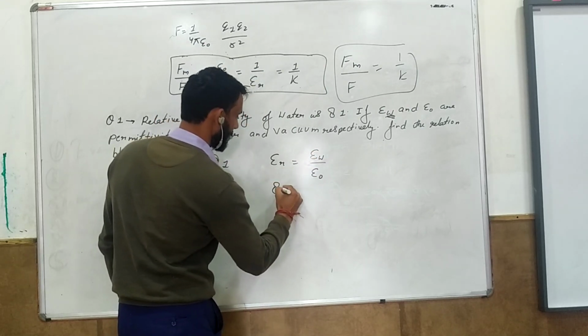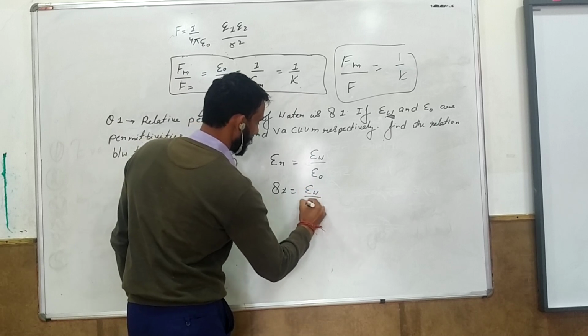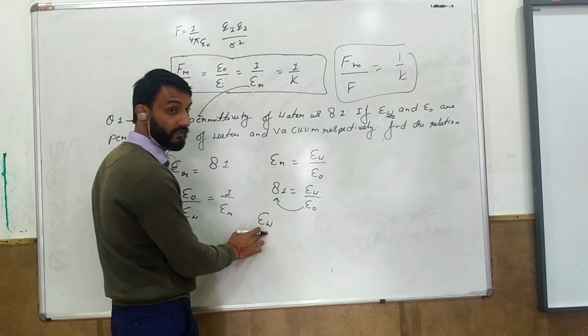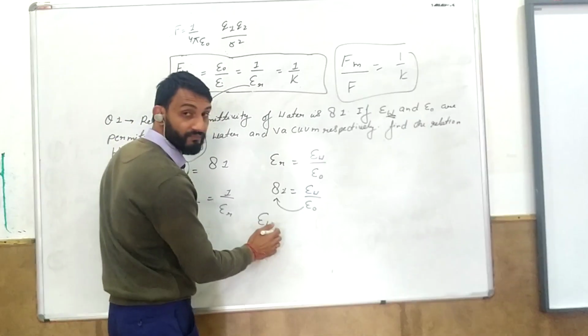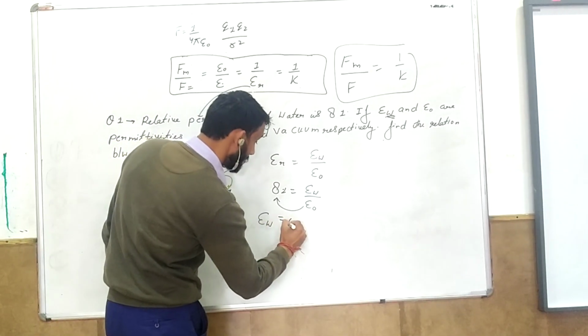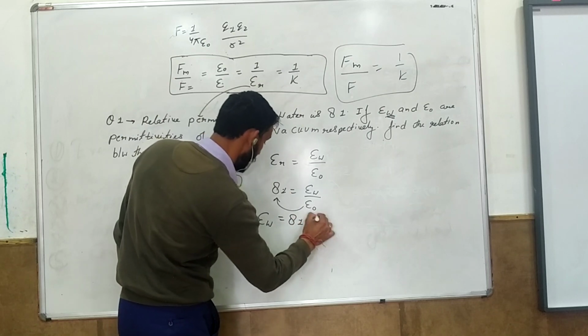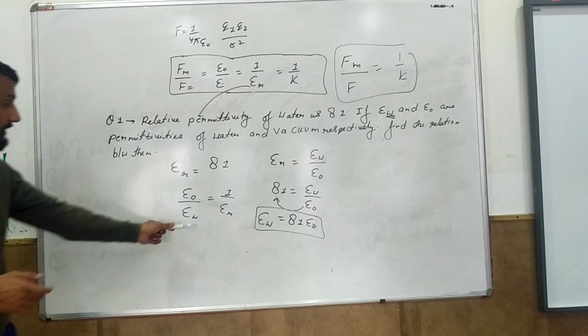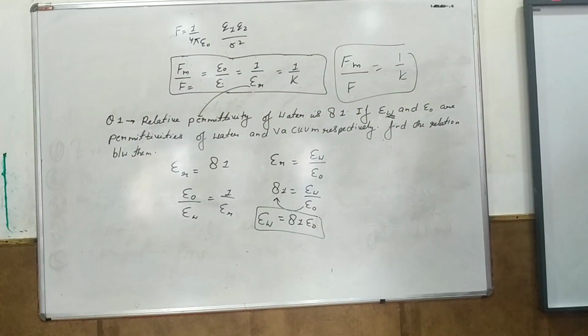This will be 81 is equal to epsilon W upon epsilon naught. So as you can see, epsilon W, the permittivity of water, is equal to 81 epsilon naught. This is the relation they wanted us to calculate.